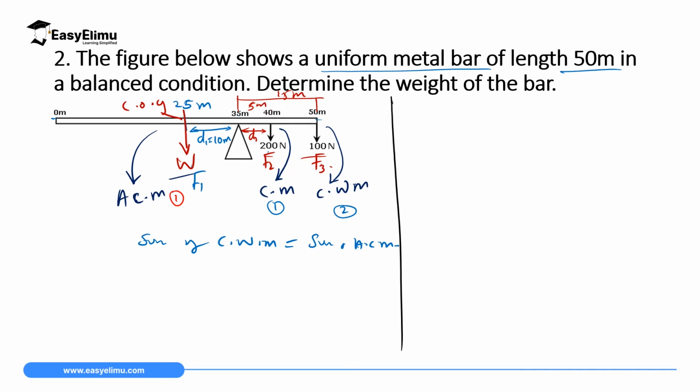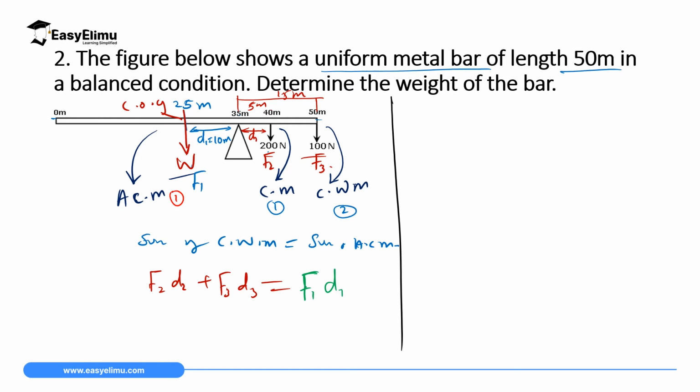The forces which will give a clockwise moment are F3 and F2. So F2 D2 plus F3 D3, these are clockwise moments, will be equal to the anti-clockwise moment, that is F1, which is the same as the weight, F1 times distance 1.